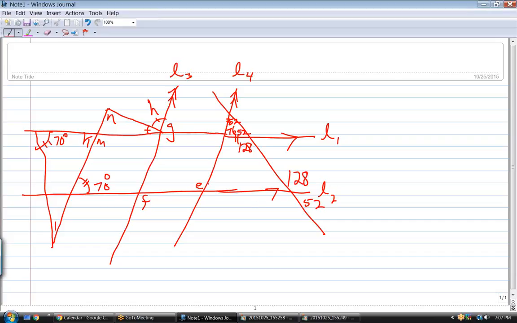All right, let's see. What else do we know here? We know L1 is parallel to L2, and this one is 70. What's M? Here's the principle.